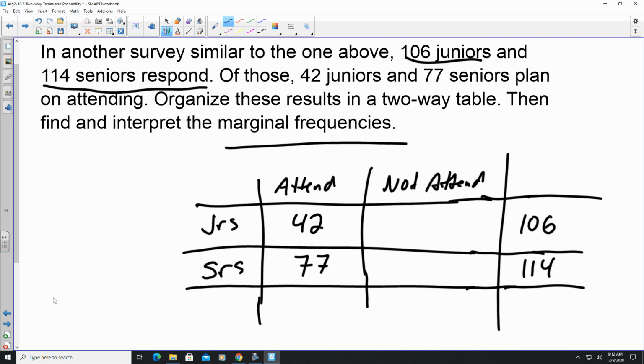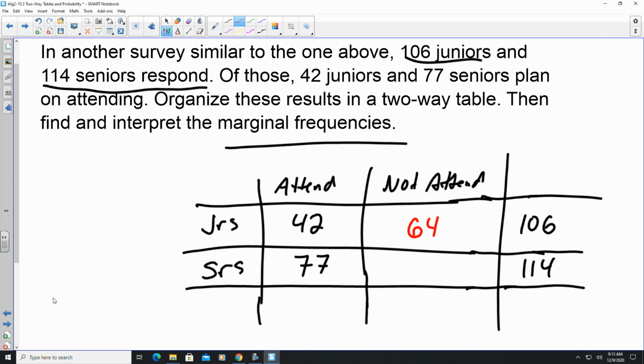So with all of this information, we can decode what the rest of this two-way table is supposed to be and fill it in. If I know there are 106 juniors and 42 attended, I can figure out how many didn't attend by taking 106 minus 42, and that's 64.